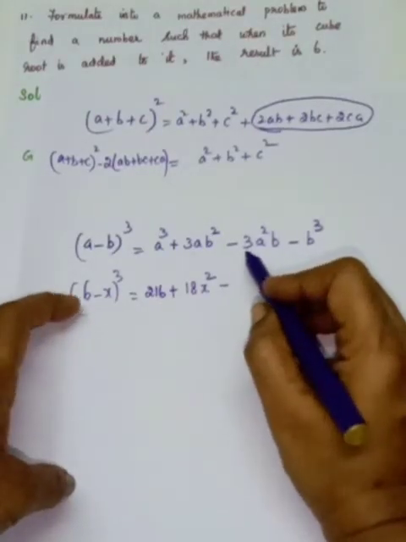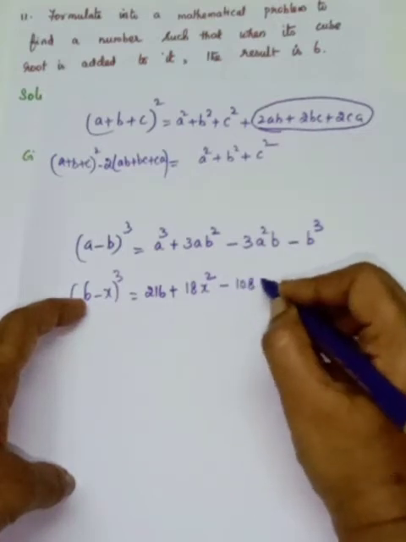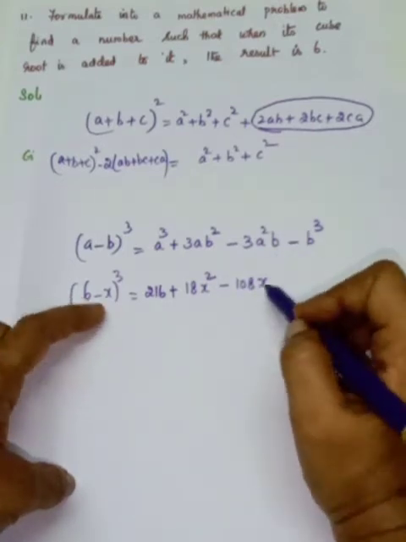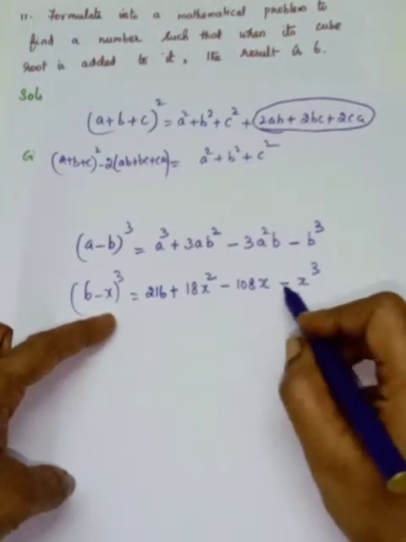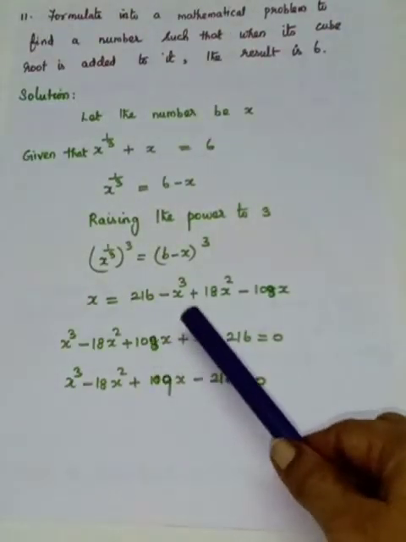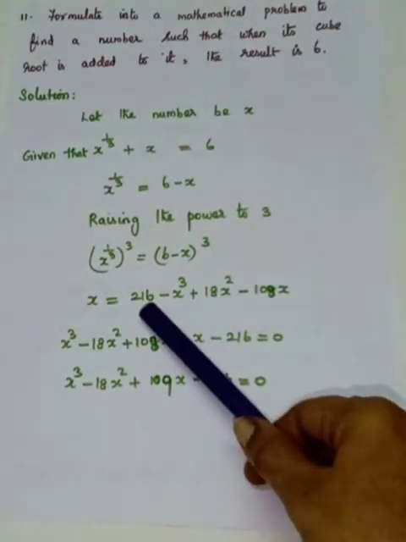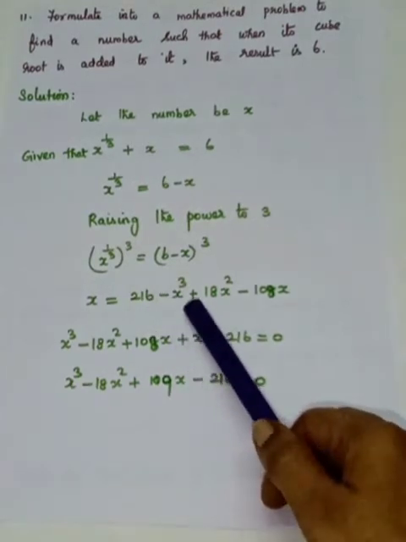Next minus 3 into 36, so 3 into 36 is 108 into x. What is b? b is x. And minus x cube, since b is x, so here minus b cube, so minus x cube. So I have written here 216, that is a cube, minus b cube, a cube minus b cube.